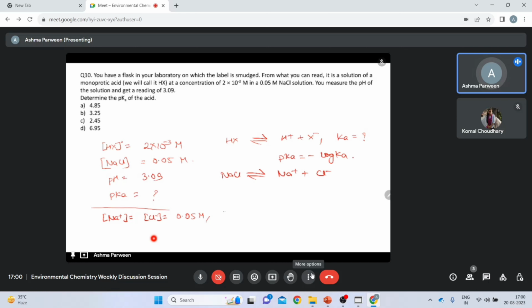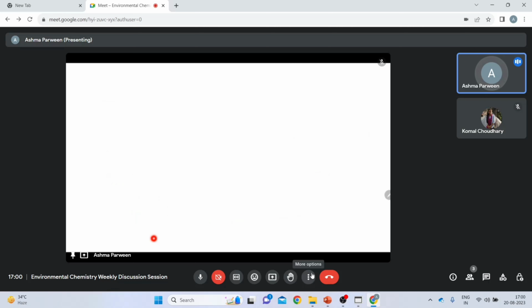So we can write that total X will be HX plus X minus, and it is a monoprotic acid, so we will use H0 and H1. Let's do the charge balance for the system.